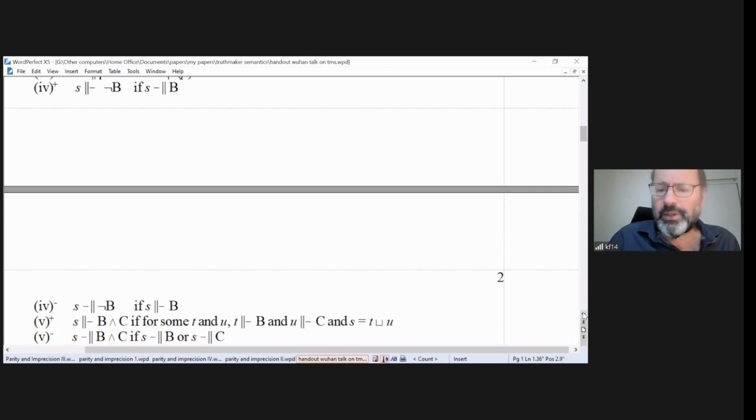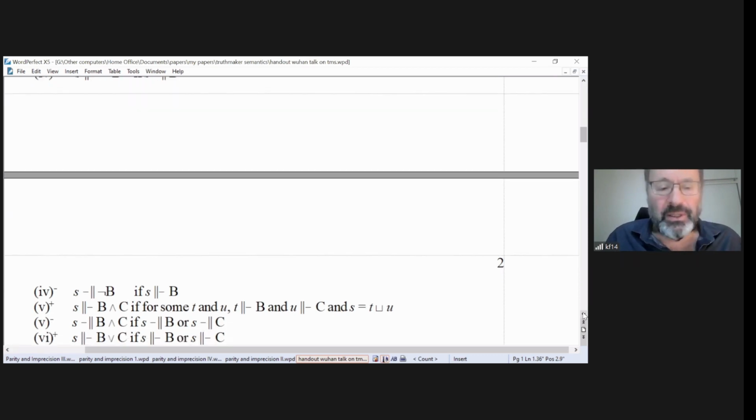So in that particular case, not B, for example, under this semantics, will have exactly the same truth makers as B, because for s to make not-not-B true is for s to make not-B false, and for s to make not-B false is for s to make B true. So not-not-B is going to have exactly the same content in terms of truth makers as B under what you might call the toggle semantics for negation.